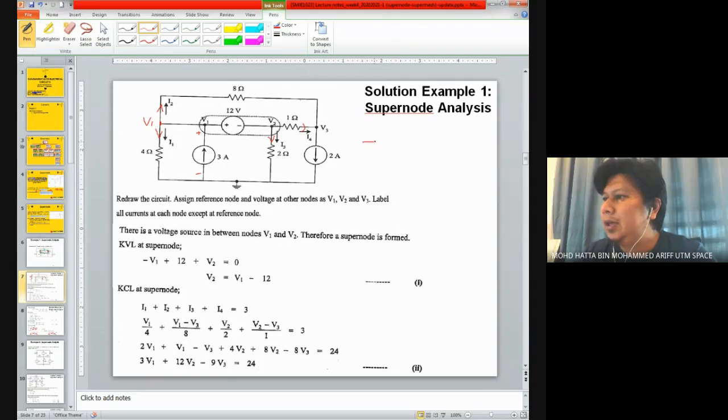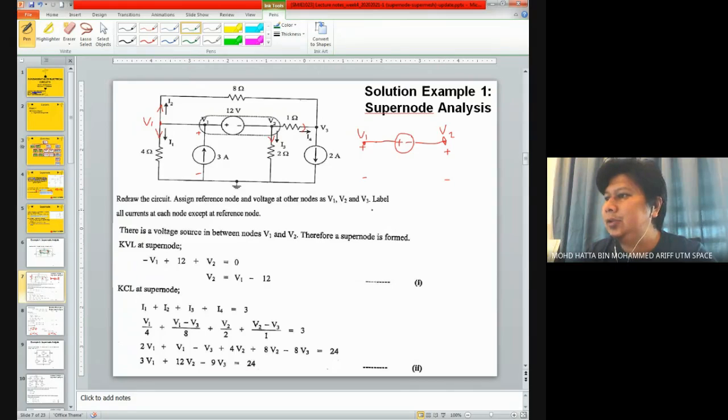In other words, I can consider the supernode voltage arrangement like this: this is V1, this is V2, with positive V1 towards negative here, and positive V2 and negative over here.